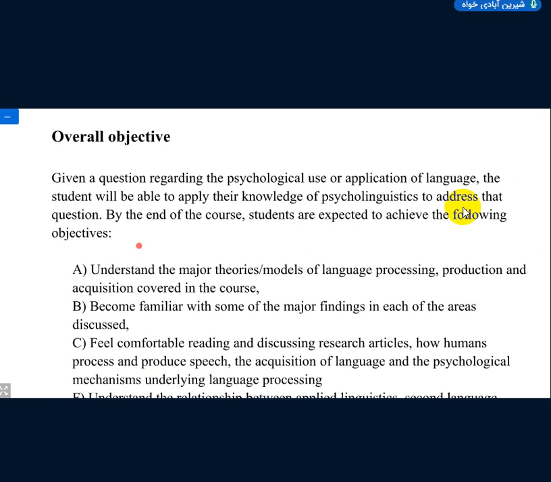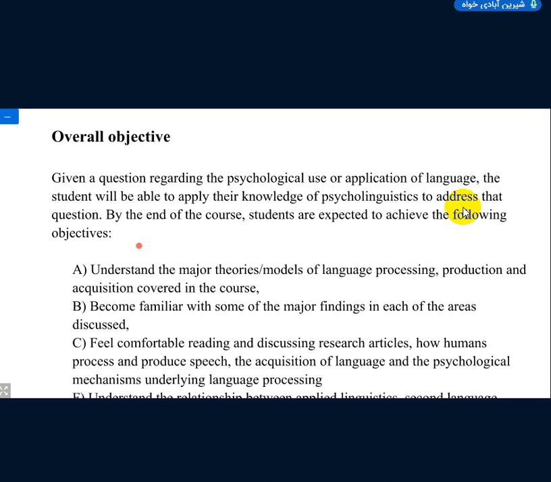The main objective is when you are asked a question about psychological use or application of language, you, as a student of psycholinguistics or language, should be able to apply your psycholinguistic knowledge and address the question. For example, some people may ask you whether children who are exposed to language are able to learn it with or without any interaction. This is a major question.